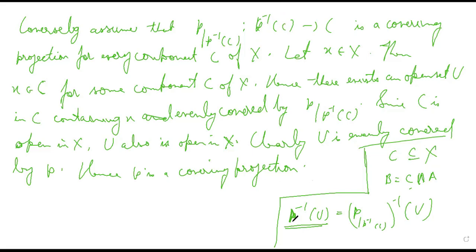So P inverse U you can write as a disjoint union of open sets in X tilde, each of which is homeomorphically mapped onto U by this restriction.